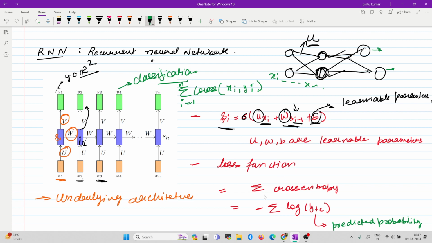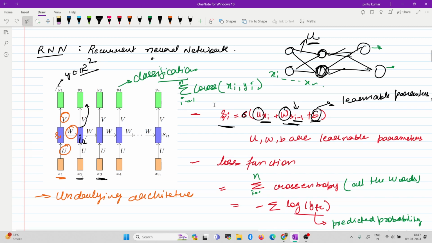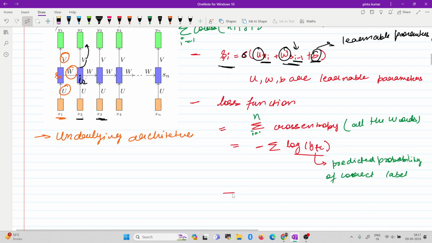And a similar thing happens over here also. Let's say in a sentence you have n words, so it is the sum from 1 to n of the cross entropy at all the words. If you simplify this cross entropy, it looks like the log of ytc, where ytc is your predicted probability. This is very simple, you can derive it. It would be something like pi log of ytk.